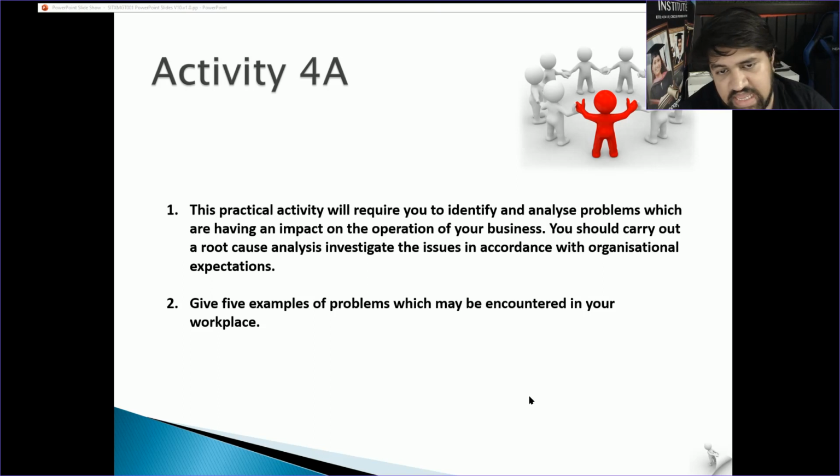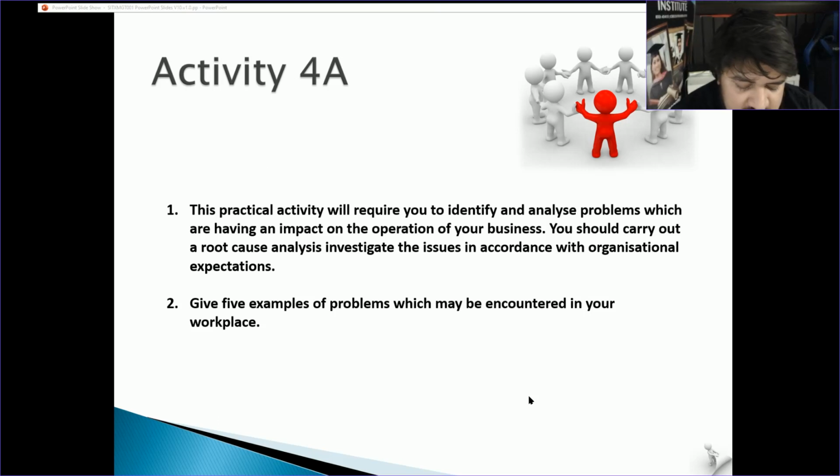Activity 4A, we'll need to identify and analyze problems which are having an impact on the operation of the business. So carry out the root cause analysis, investigate the issues in accordance with organizational expectations. In this case, we're looking at things such as the operational problems.